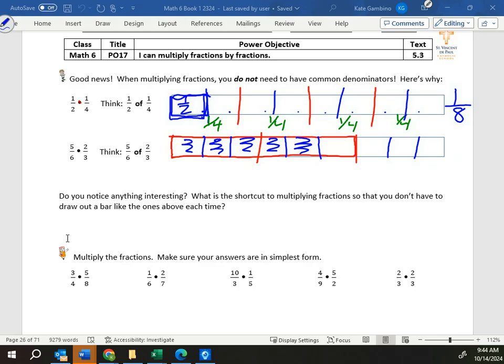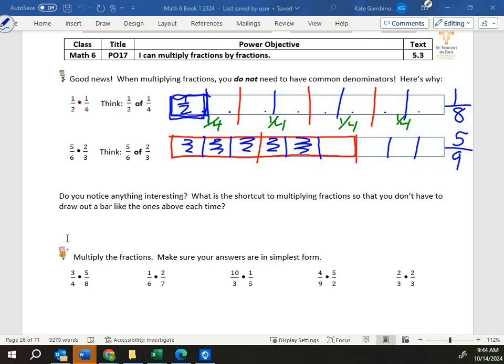So I have 5 altogether that are filled in, so 5 is my numerator out of how many altogether? Yeah, you said it backwards. We always have to put it going the right way. So 5 ninths, because we filled in 5 out of 9 total.